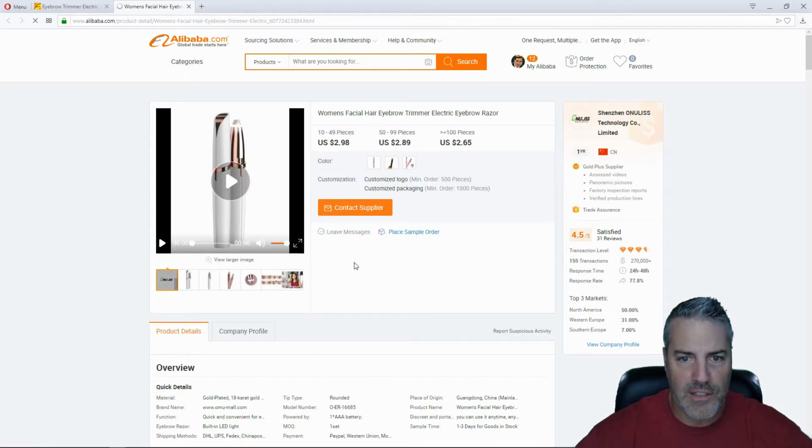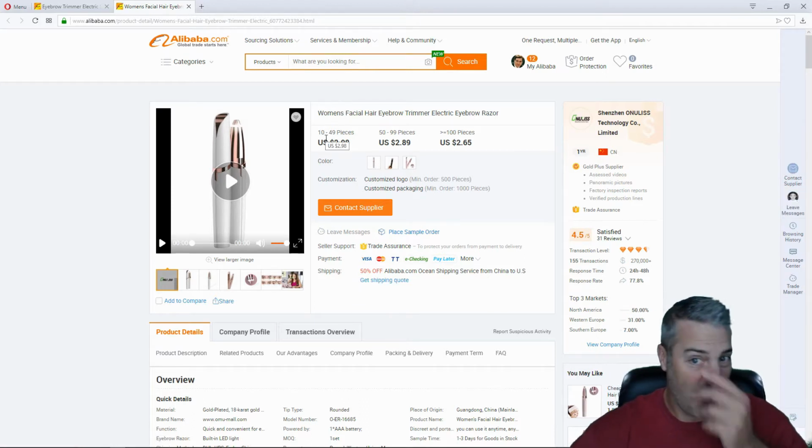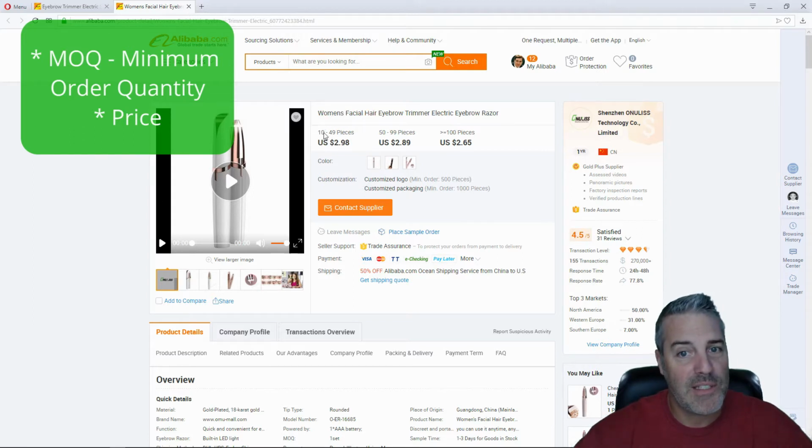And to continue some of the things that I look for, the things that jump out right away are initially the MOQ. If they have it listed, MOQ is minimum order quantity. It looks like it would be 10 pieces because they don't say from 1 to 9. So 10 being a minimum at $2.98.